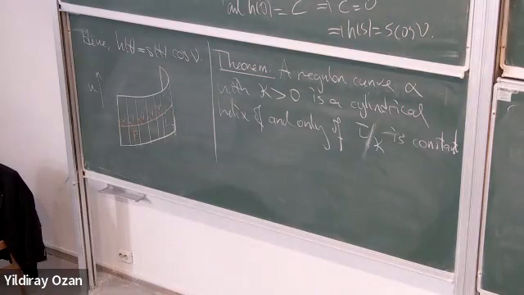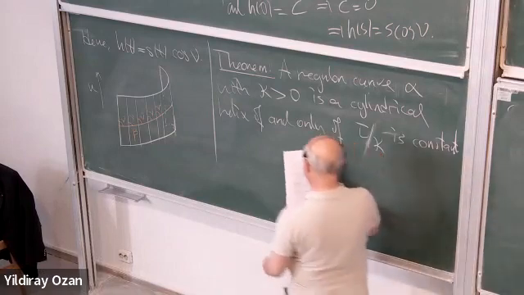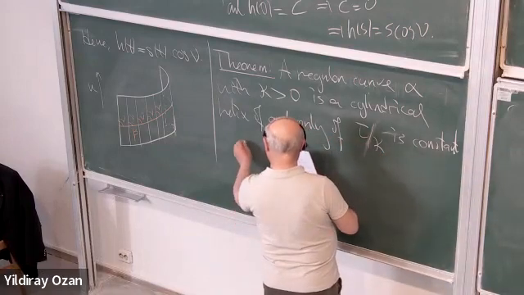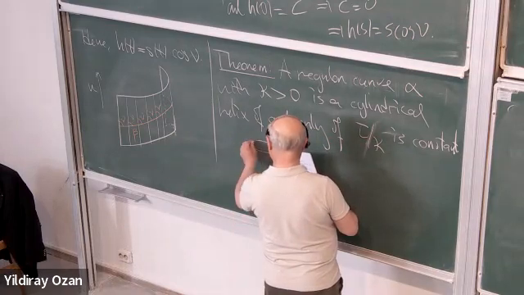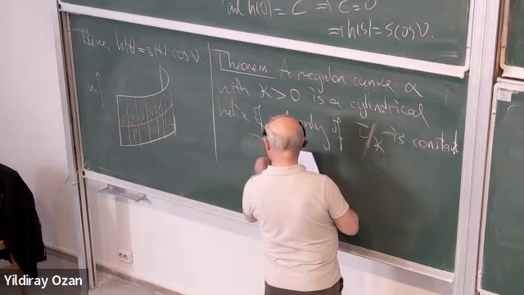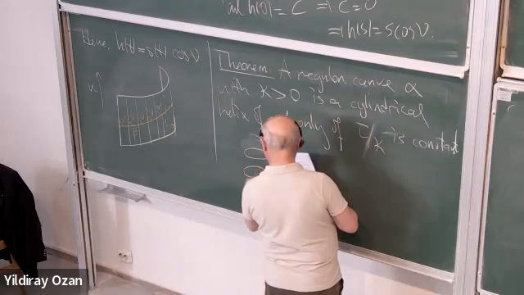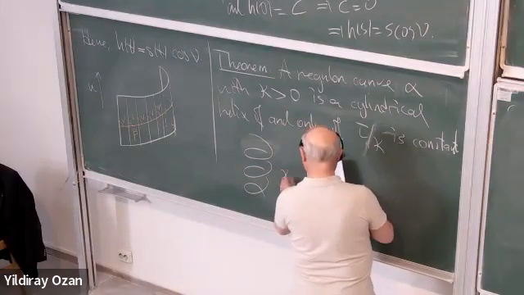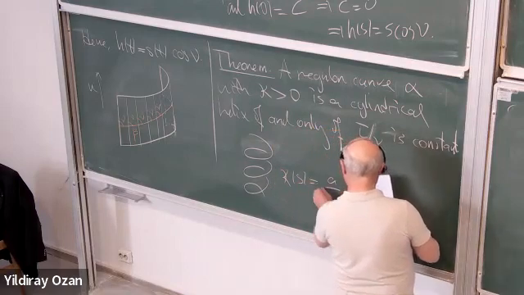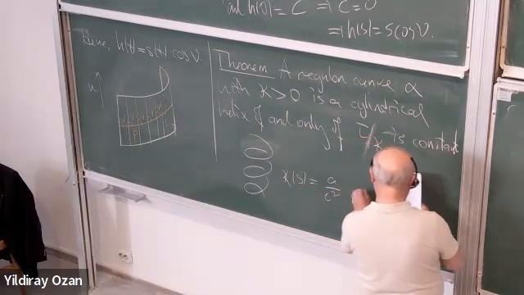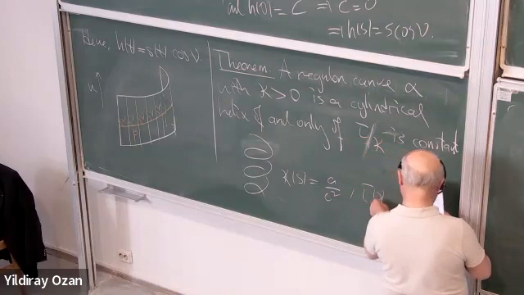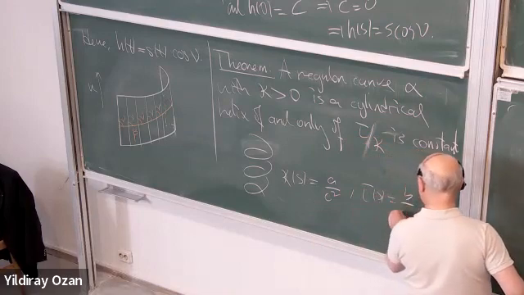Yeah, if it was the usual helix, then kappa was a over c squared and tau was b over c squared.